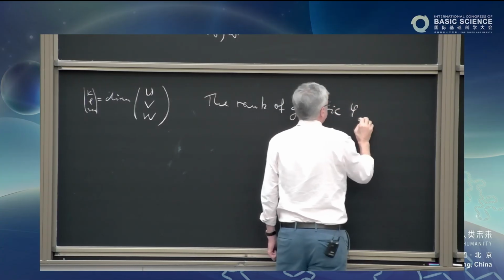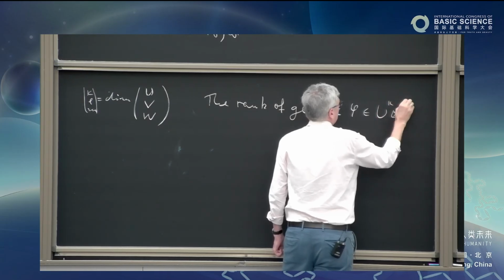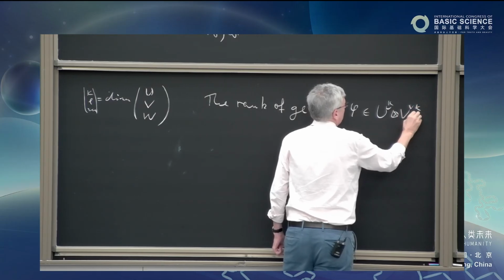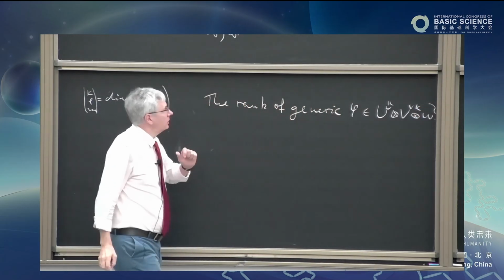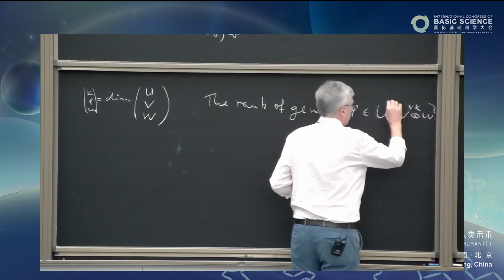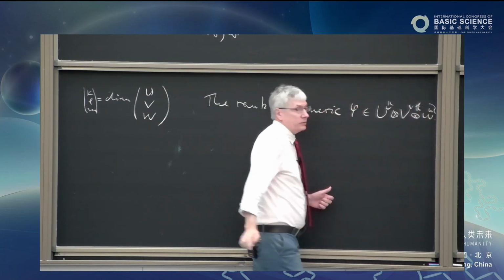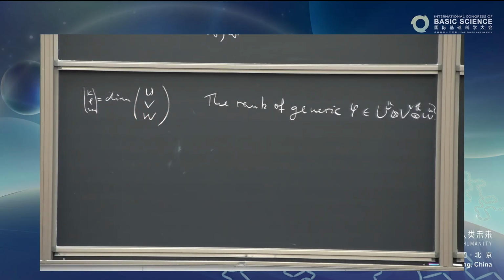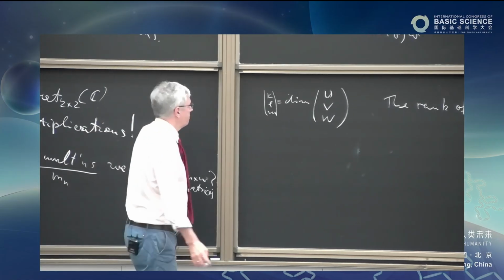Generic phi in U, V, W. So even this, for some K, L, M we do know it, but not for all of them. And this is an open problem, which of course should be solved. In the 21st century, we still don't know it.